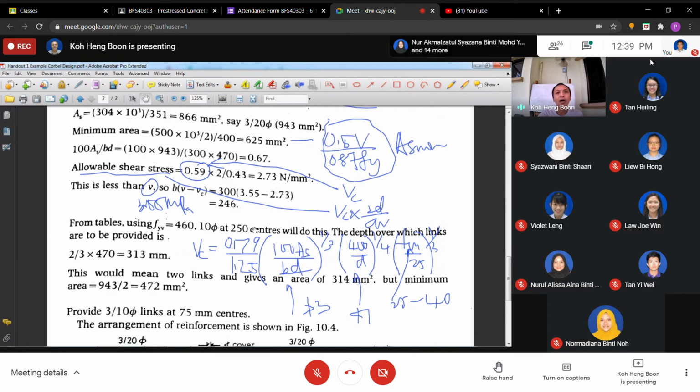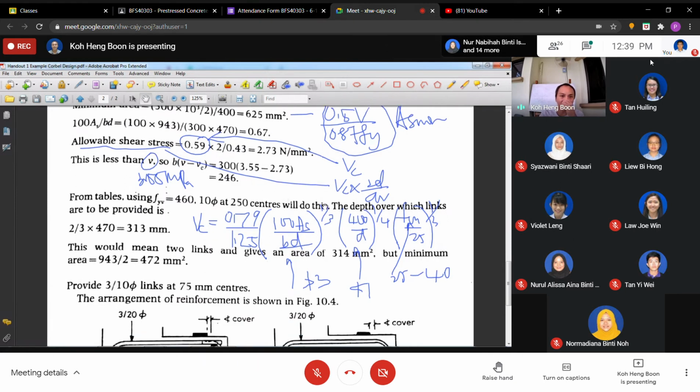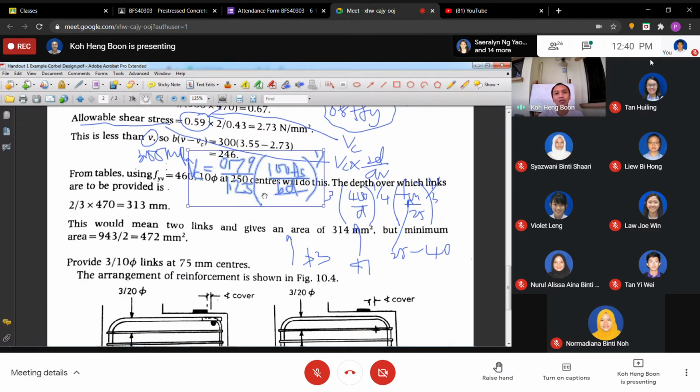So therefore, the link. This is 246, V minus VC. You get confused here actually. It's something like this. This is the spacing, I mean the spacing it can go.